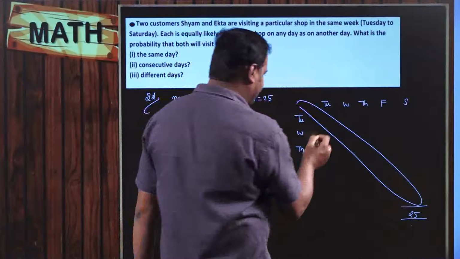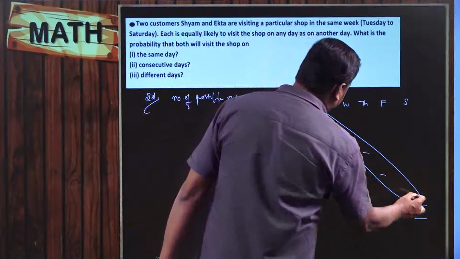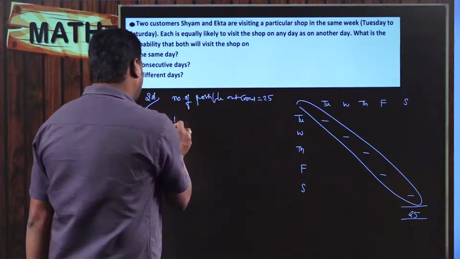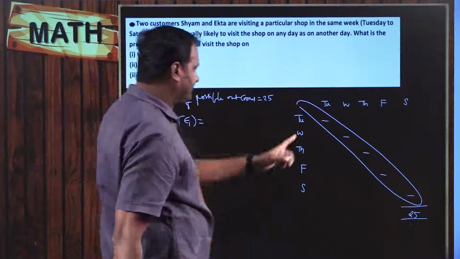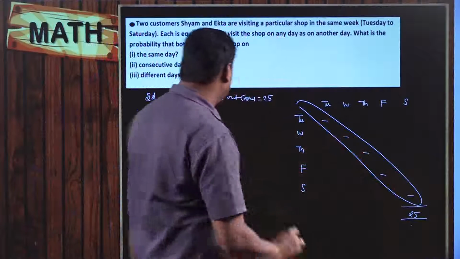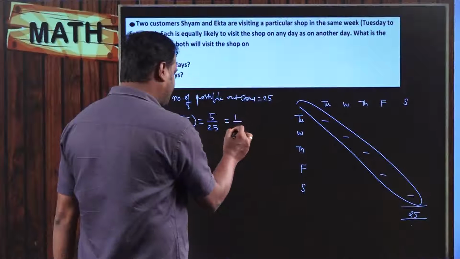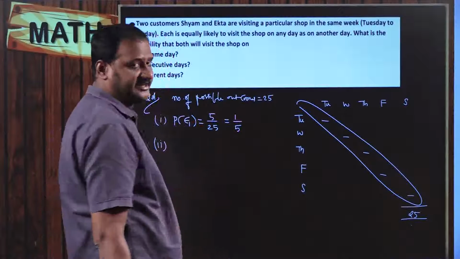On the same day is going to be the probability of getting an event. Means on the same day there are 1, 2, 3, 4, 5. So that is 5 out of 25 which is equal to 1 divided by 5. That is the probability that they both go for shopping on the same day.